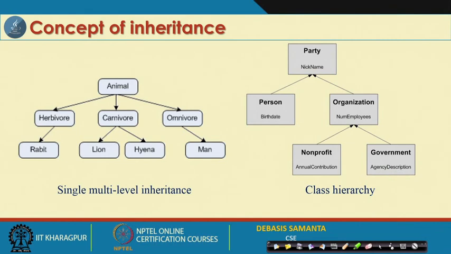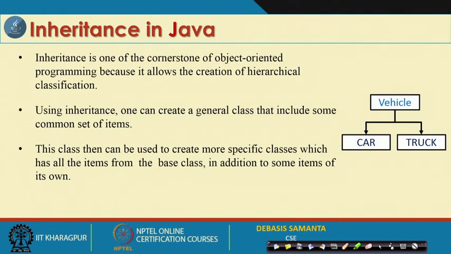So going from generalized to more specialization is the concept of inheritance, and this is called the is-a concept. That means lion is an animal, hyena is an animal. They are related by the is-a relationship, and there may be many hierarchies, meaning different levels.